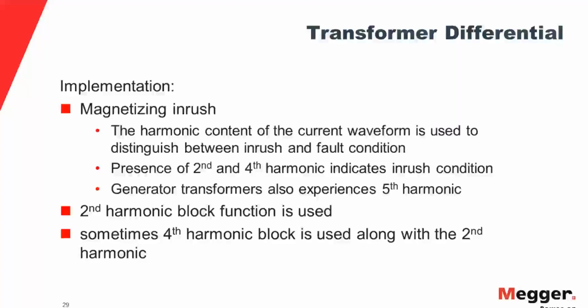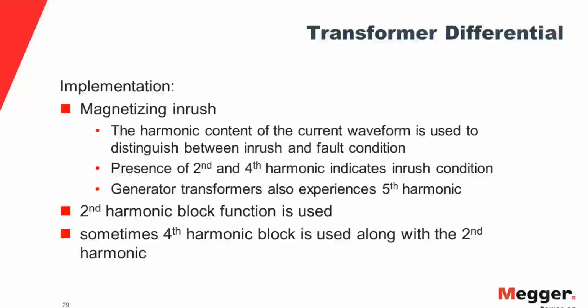Typically, the differentiation is based on the harmonic content of the waveform. So you can have separate filters on the relays which filter out harmonic contents. When the transformers are charged, the even harmonics are more pronounced. What I mean by that is, the magnitude of the second harmonic and the fourth harmonic current waveform will be higher during transformer charging.